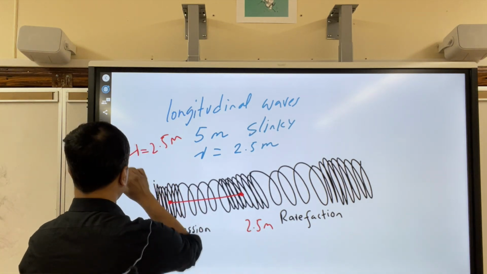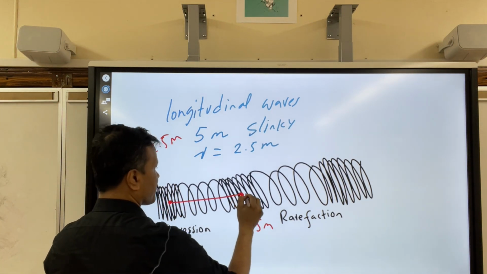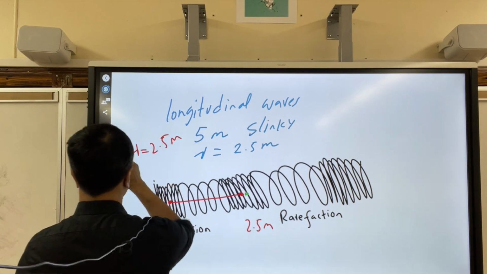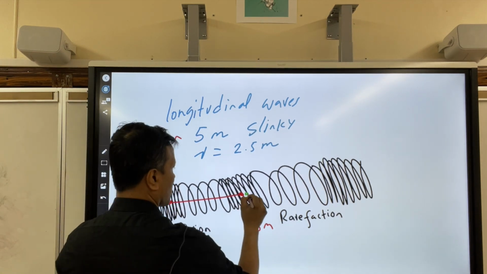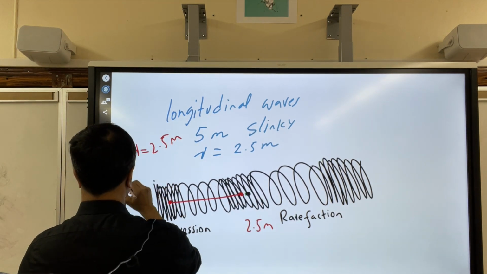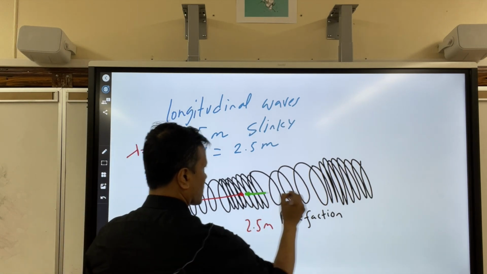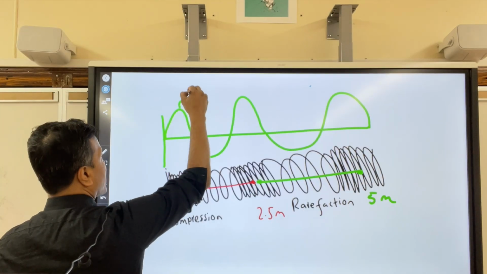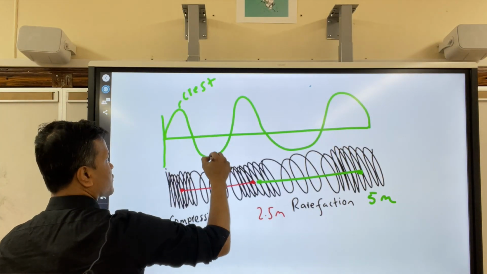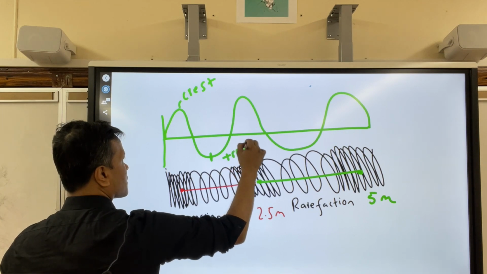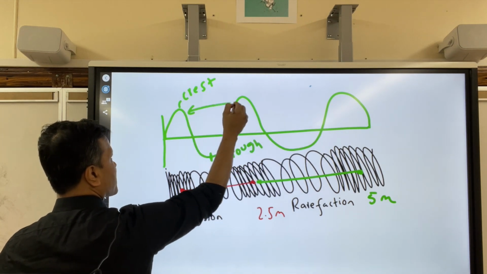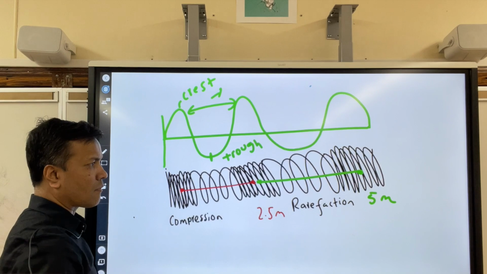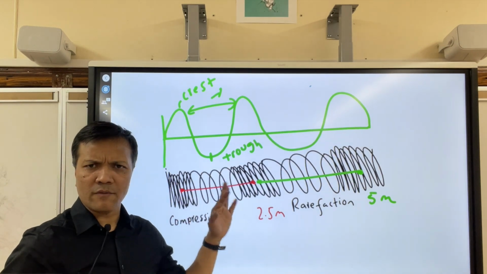From here to here is another lambda, so it's 5 meters. This is called the crest. This is called the trough. This is lambda. You see them on top of each other.